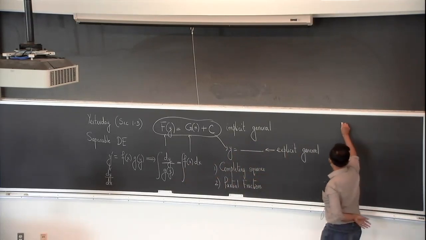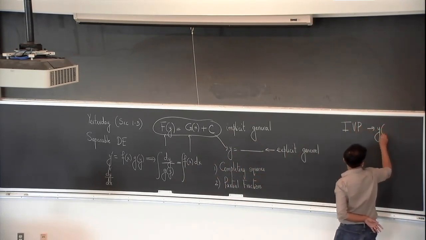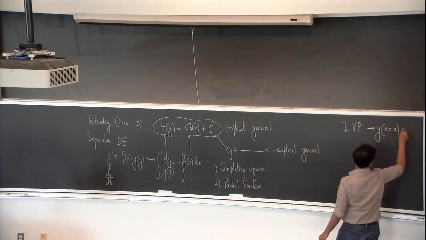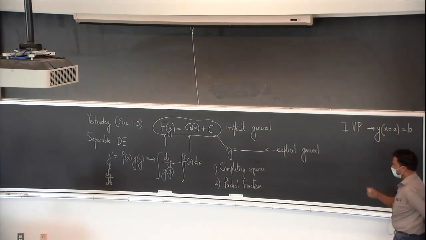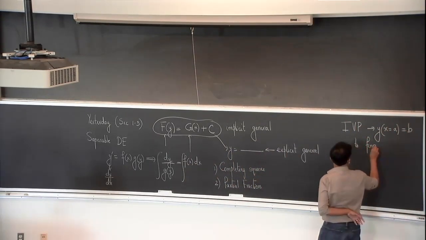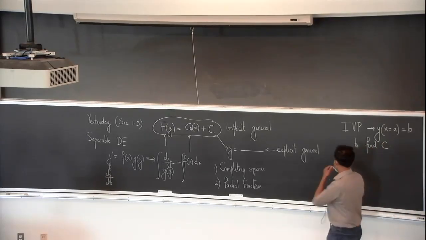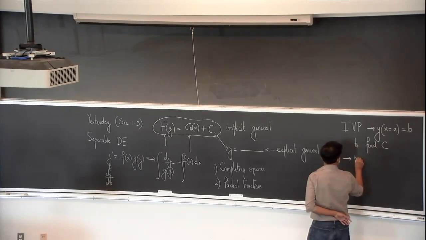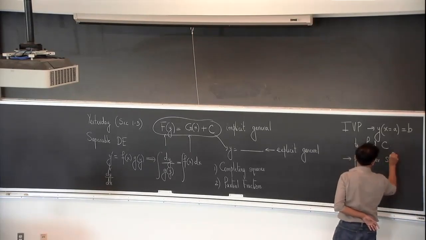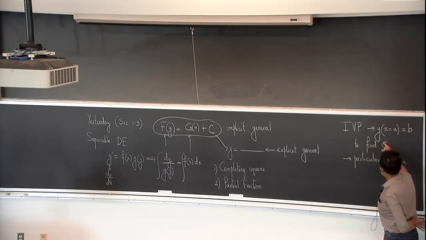We also started doing initial value problems where you're given, say, y of some initial value x equal to a equal to b. That will help you find the value of c. And in that case, the solution becomes more unique. It's called a particular solution. This word initial can be a little misleading here.